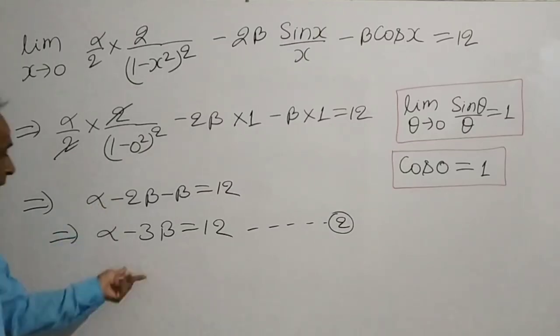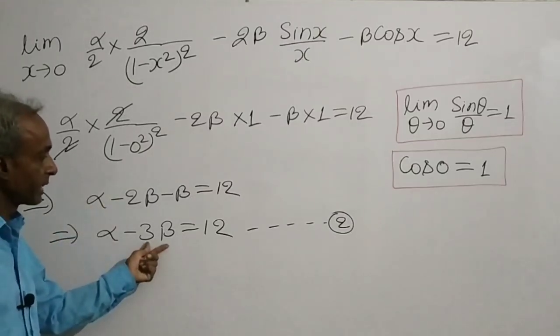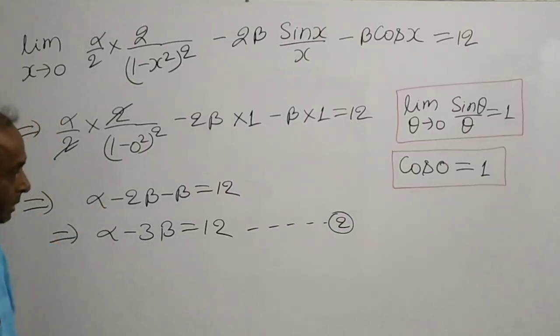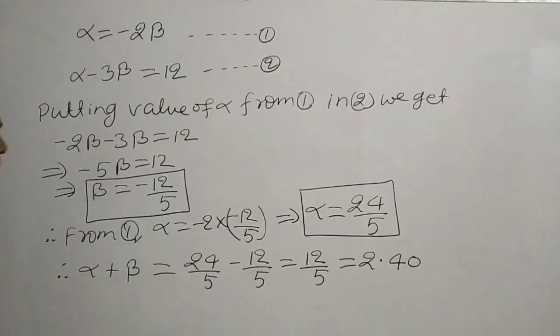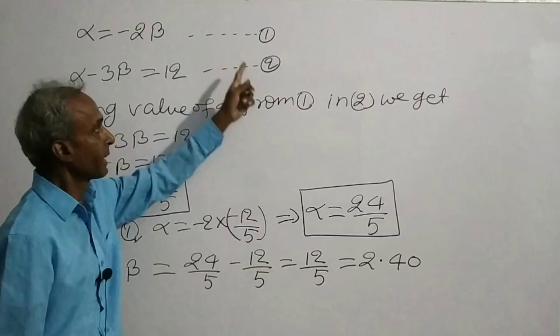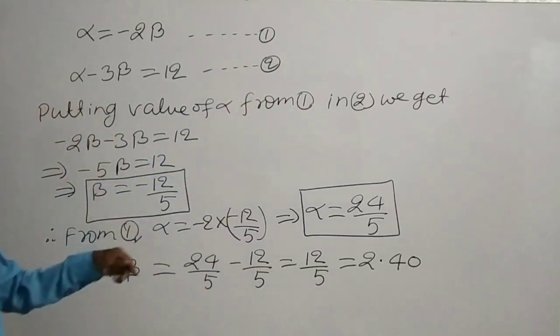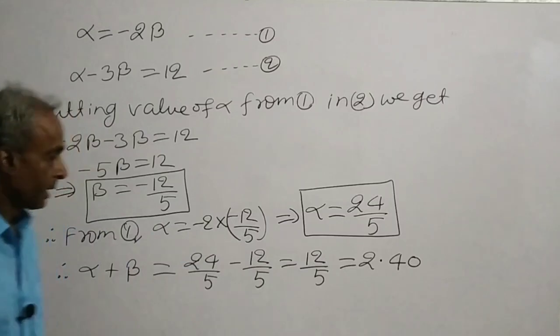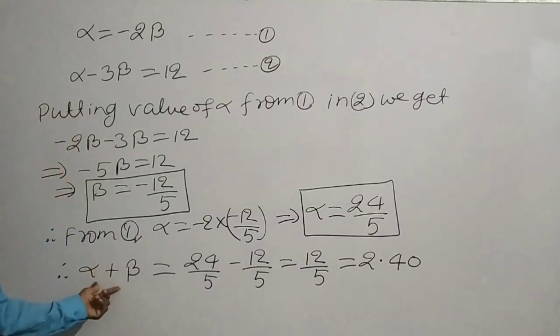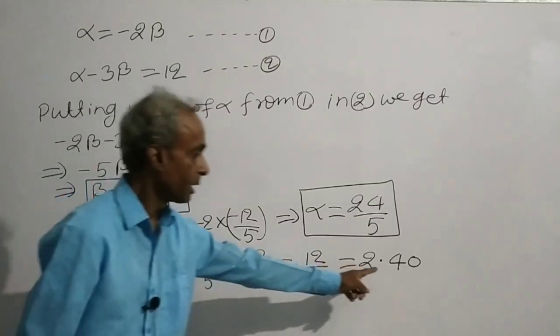And we get alpha minus 3 beta is equal to 12. We suppose this is result number 2. Solving 1 and 2, we find the value of beta and the value of alpha. Then we find the value of alpha plus beta.